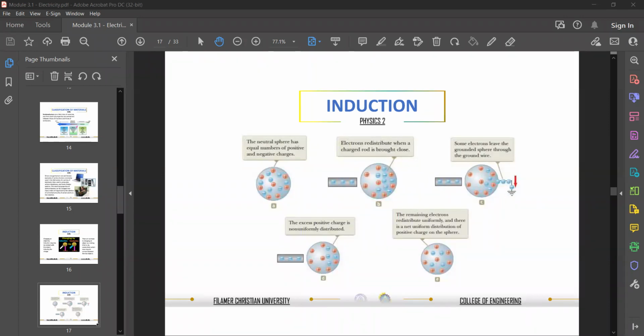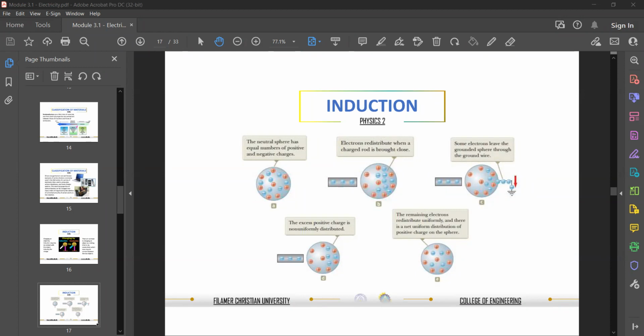Kasi yung wire, di ba may dalawang wire yan. Yung isa is yung may balat na black, yung isa is wala. So yun yung parang sa ground natin, or yan yung tinatawag nating neutral line. Okay? So dito sa Roxas, malakas yung neutral line natin or ground line natin.